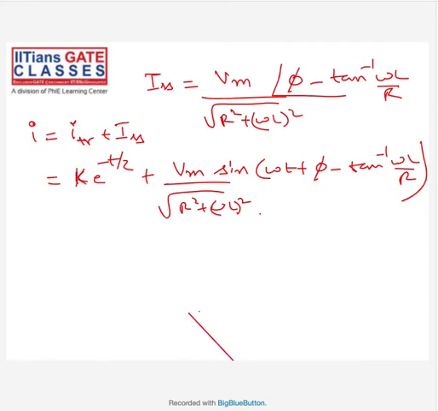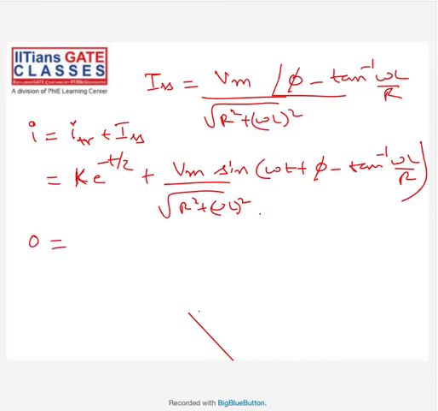K, how to find K? From initial conditions, at t equal to 0. Substitute t equal to 0: initially the current is 0. Before the switching operation, the inductor is not charged.